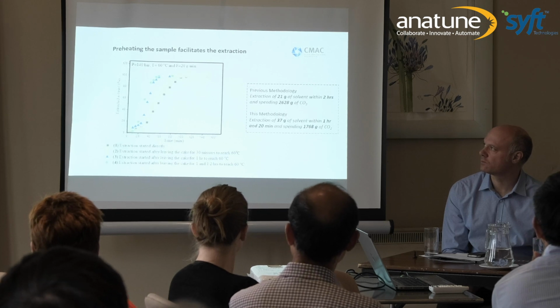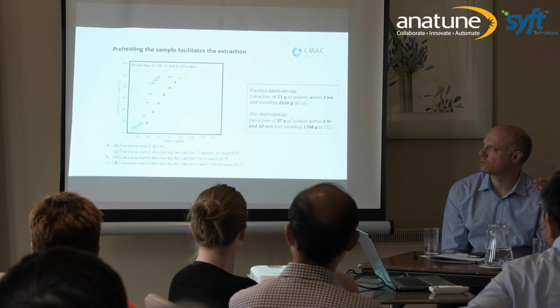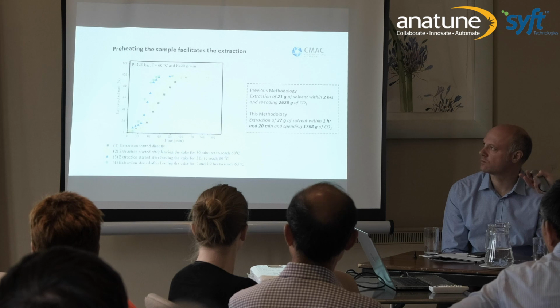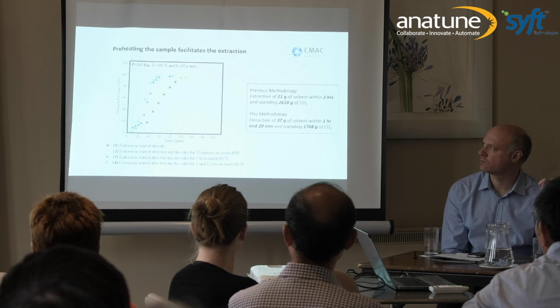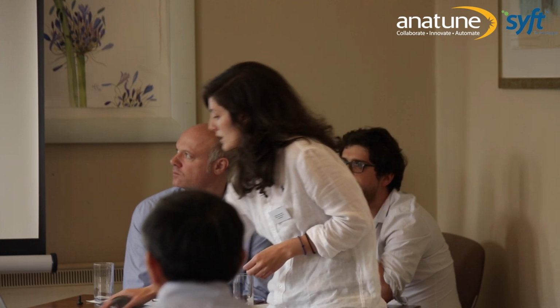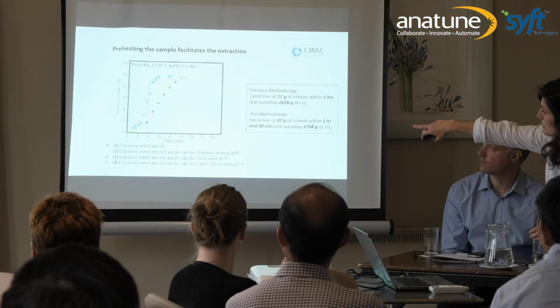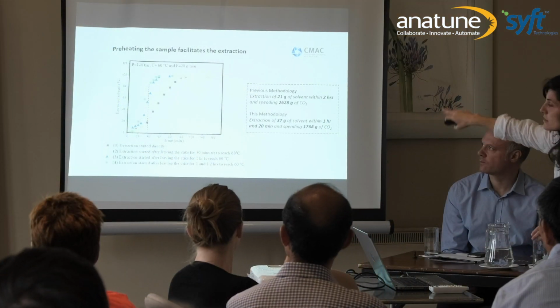So we did 4 different experiments. In the first experiment, the extraction started directly. In the second one, the extraction started after leaving the cake for 30 minutes to reach 60 degrees. In those 2 cases, the extraction was quite slow, so the fast extraction zone starts after around 40 minutes.